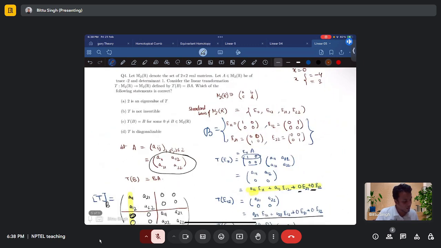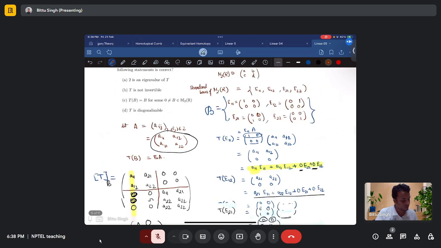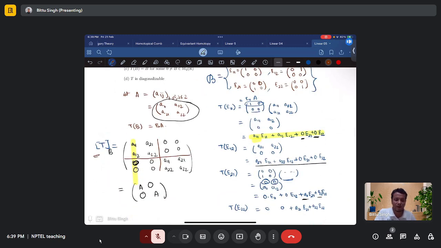Now we need to find the eigenvalues of this T. Finding the eigenvalues of T is the same as finding the eigenvalues of its matrix representation. So we need to find the eigenvalues of this matrix representation.